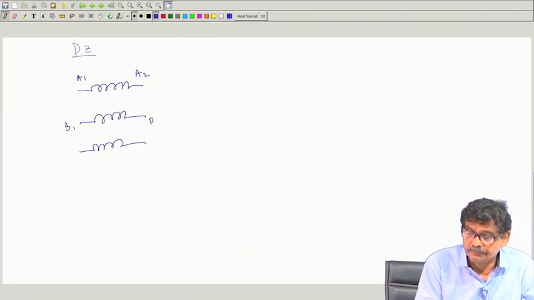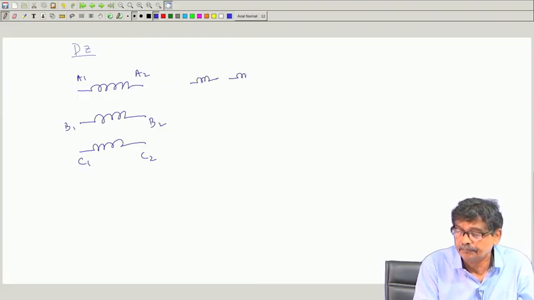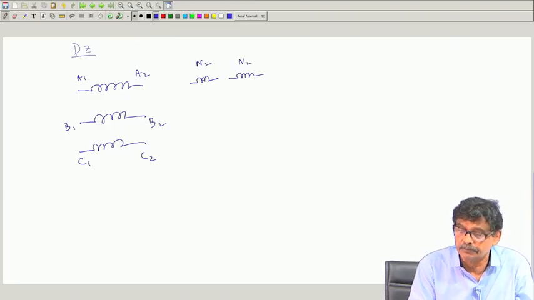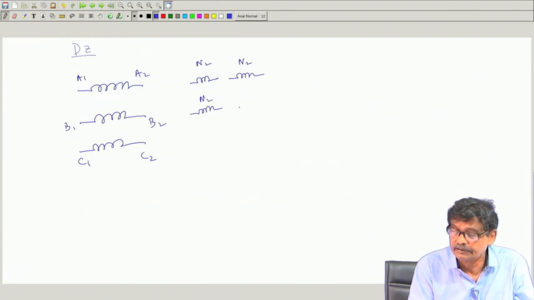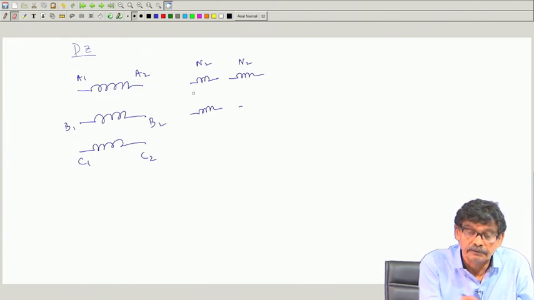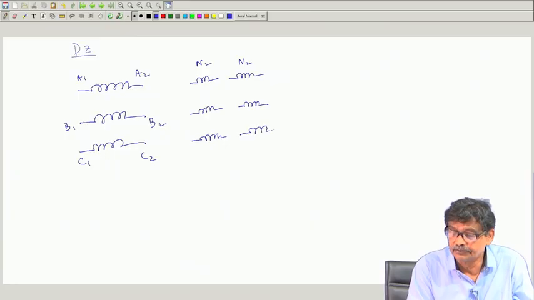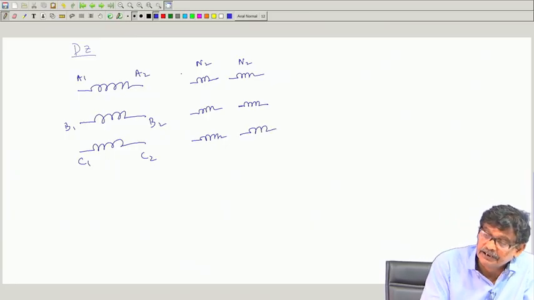B1 B2 and C1 C2, and delta connections and it has got two secondaries identical end to end 2 turns. Mind you, it is not tertiary, one of them, and this is end to end 2 turns. These are all same turns. This is also N2, this is also N2, 2 secondaries corresponding to each phase.